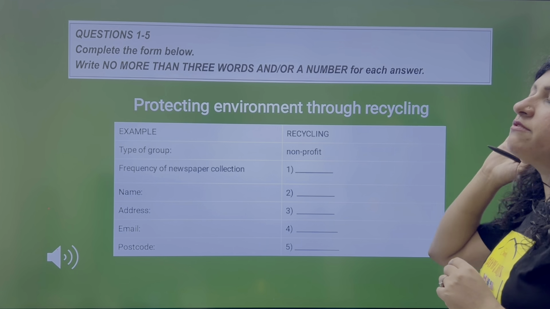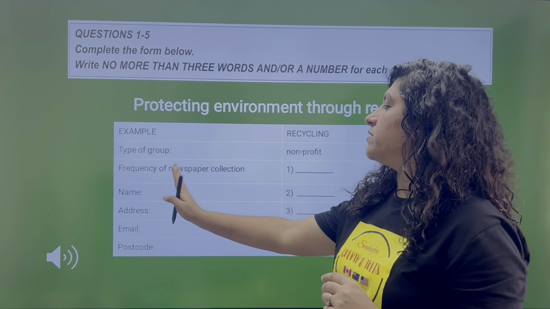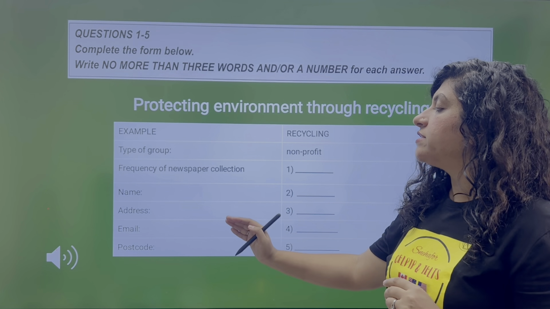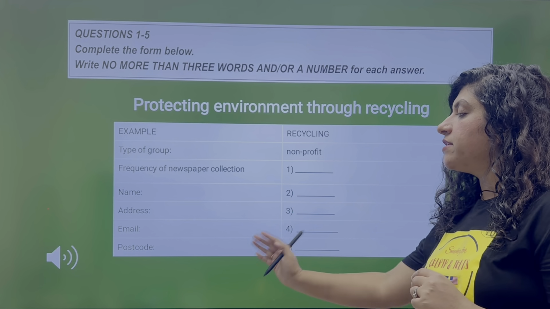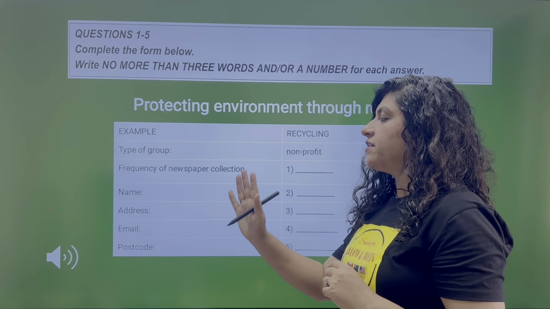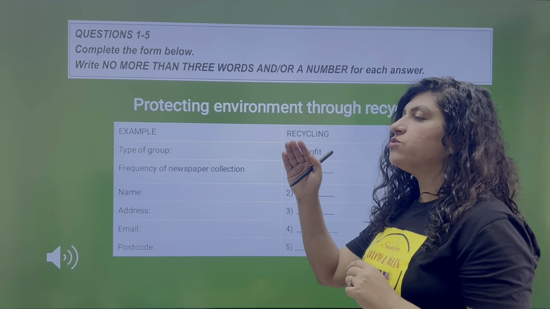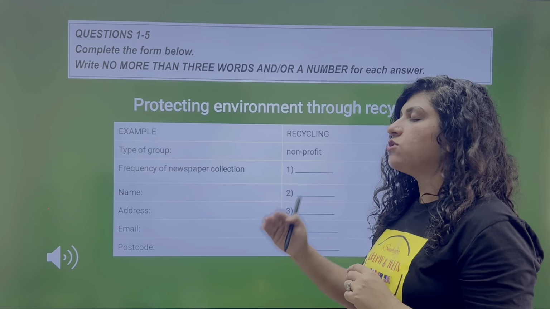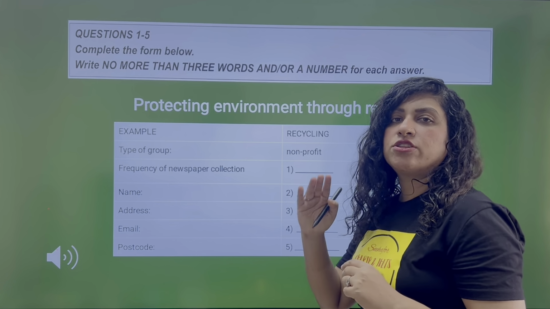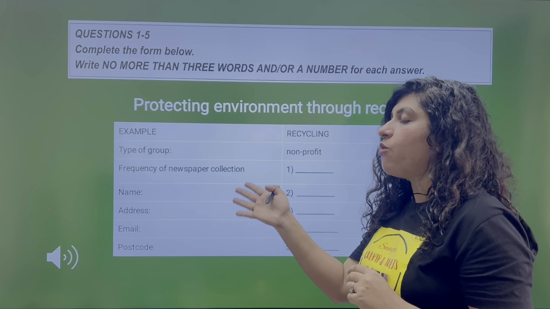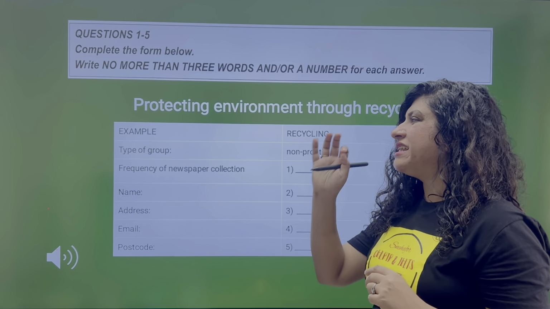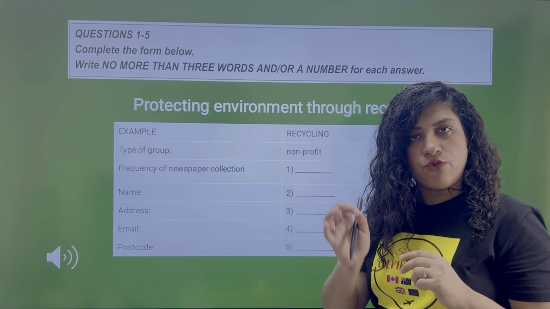So first there will be something related to frequency of newspaper collection, then there will be a name mentioned, then there will be an address, then I have to focus on email, and then I have to focus on postcode. So the seconds that you're given to read through the questions, you should actually use those seconds very wisely. Just look at the type of the information that you're going to focus on and in what order, so that when the audio is played, you exactly know what you have to focus on.